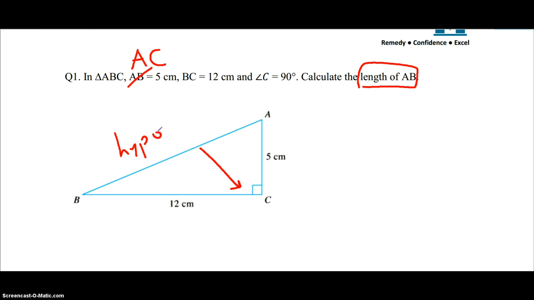If you were to apply the formula as we have learned just now, c square is equal to a square plus b square. In this case, our c square is the unknown, so we write c square, and we know that it is equal to 12 square plus 5 square.